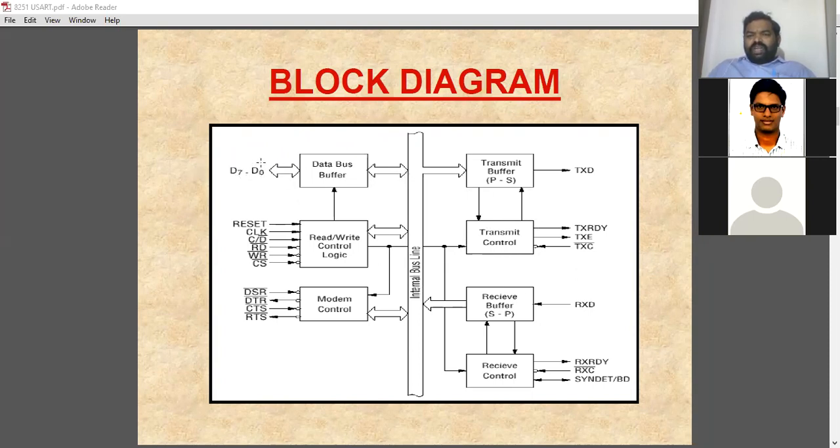The processor always contains the data in parallel form. So it takes the data with the help of the data bus buffer. The purpose behind this IC is transmitting and receiving serial data. It picks the data in parallel form and transmits it in serial form.